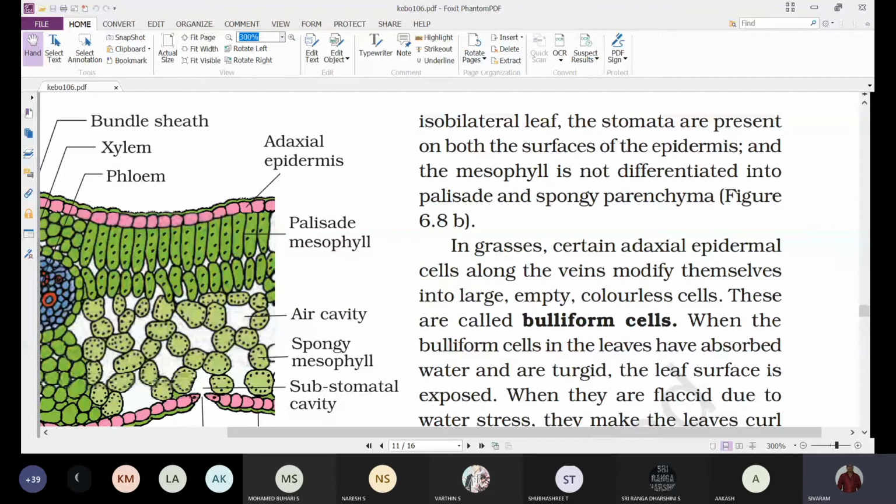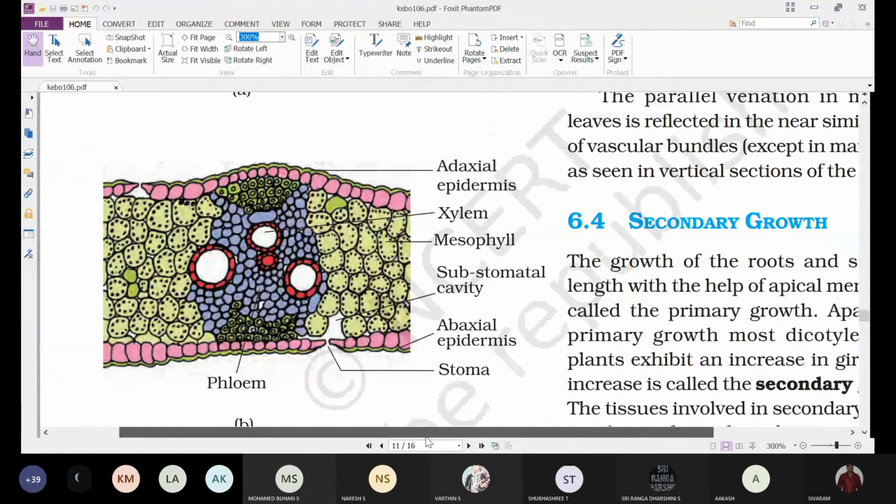Okay, we can see here in this, we'll find upper epidermis and lower epidermis. We can see upper epidermis and lower epidermis both are showing the stomata, and we can see the mesophyll tissue, which is made up of round or oval shaped parenchymatous cells, equally distributed throughout the mesophyll tissue with certain intercellular spaces.